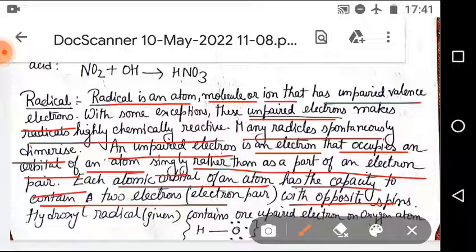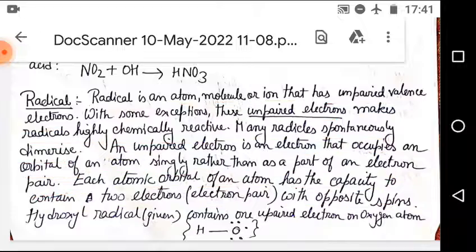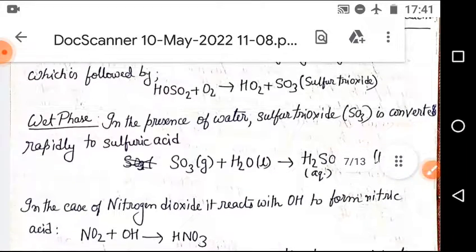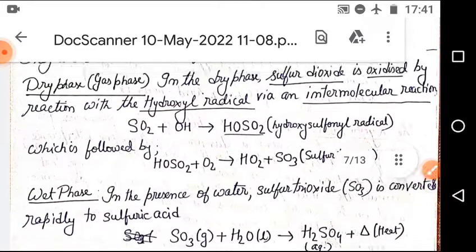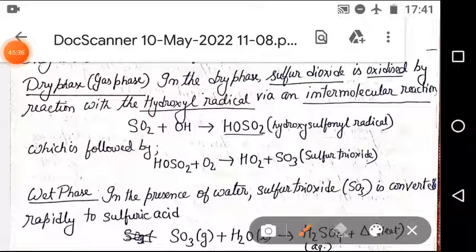So here we can see that in the presence of oxygen, the sulfur dioxide pollutant reacts with the hydroxyl radical and forms another radical called the hydroxy sulfonyl radical.